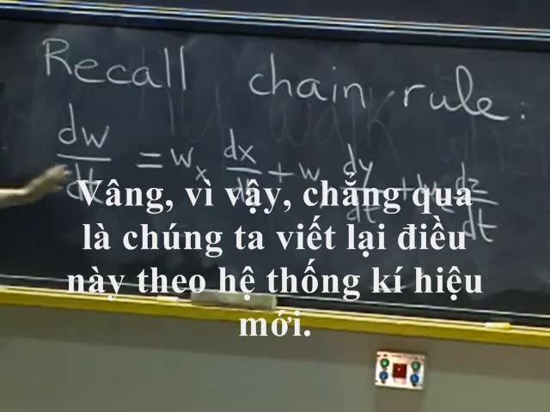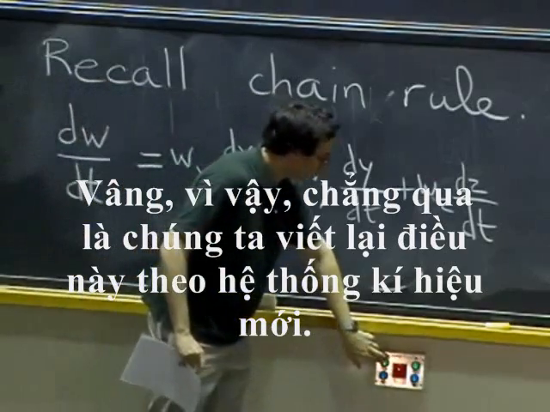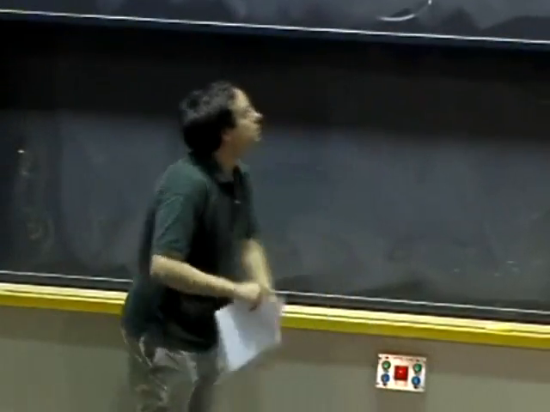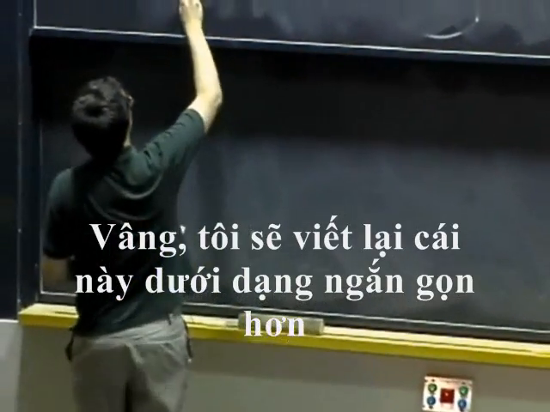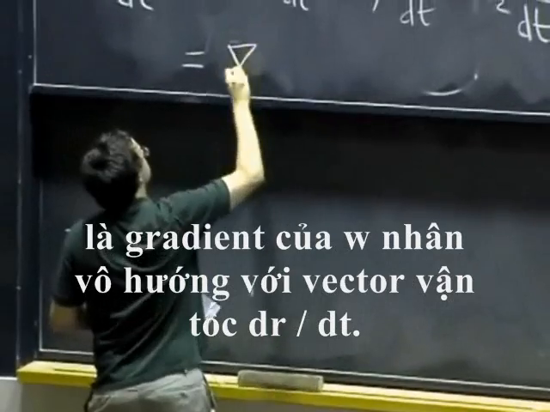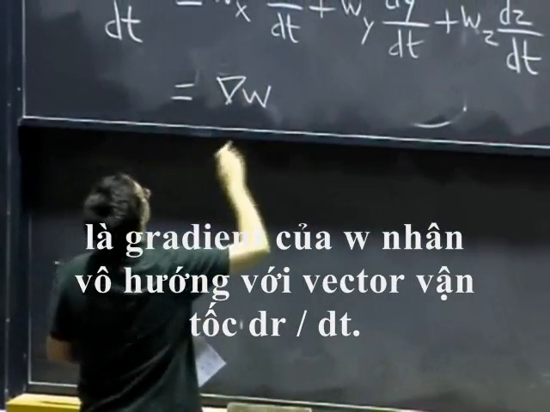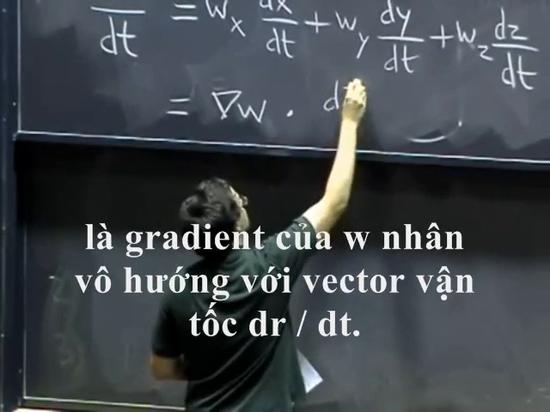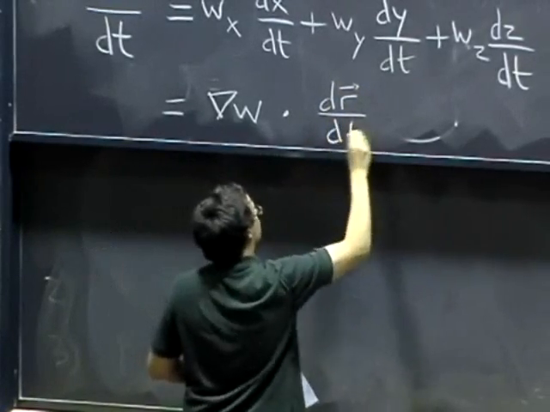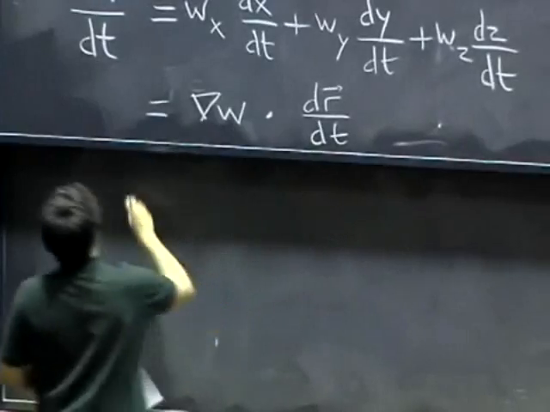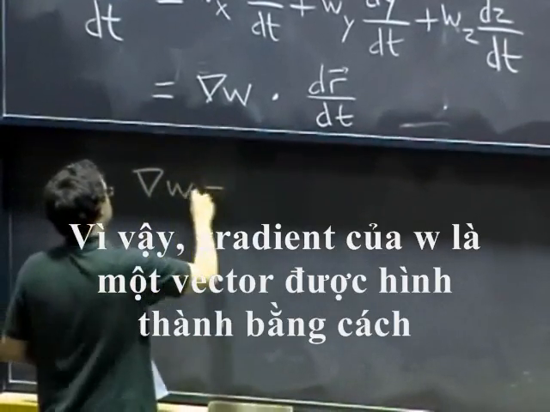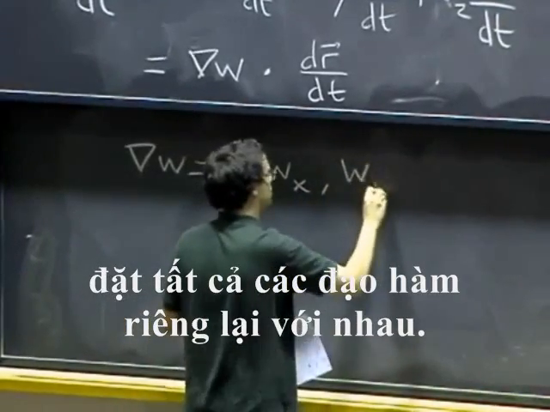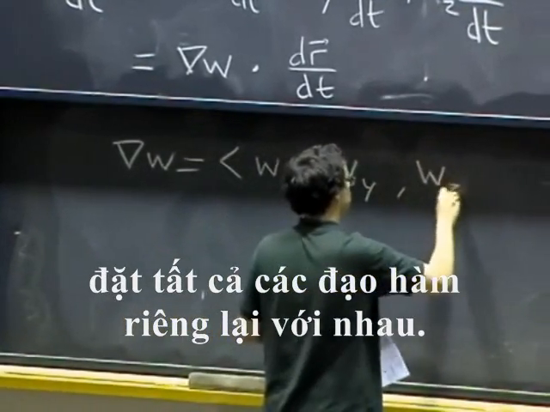Okay, so we're going to just rewrite this in a new notation. I'm going to rewrite this in a more concise form as the gradient of w dot product with the velocity vector dr/dt, where the gradient of w is a vector formed by putting together all of the partial derivatives.